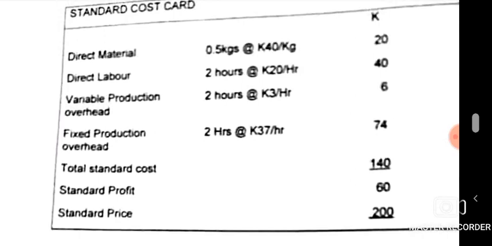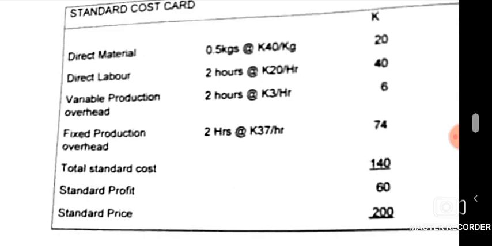We use it hand in hand with our calculations. So in labor, they've shown us, have you seen that first figure? 2 hours at 20 kwacha per hour. That 2 hours, as I said, the first figure is always in proportion to 1 unit. Remember that. So we need that proportion very soon.